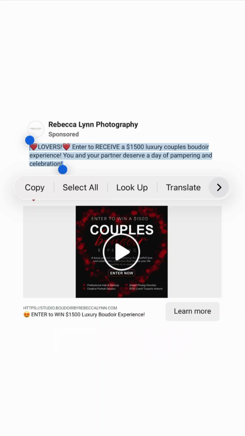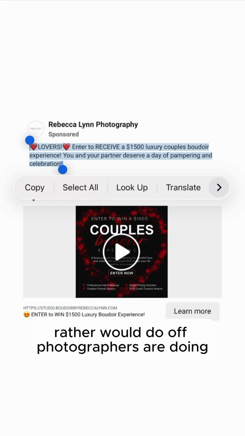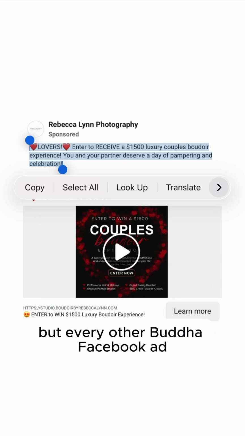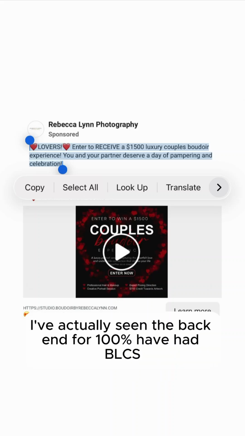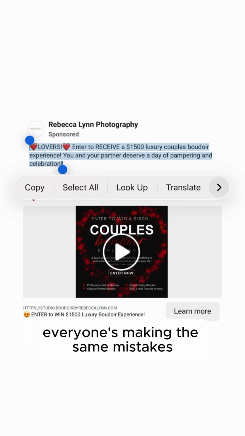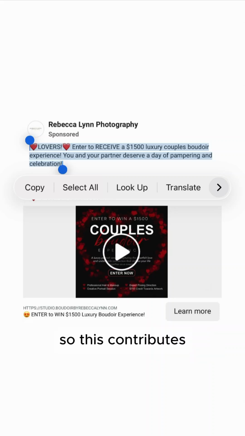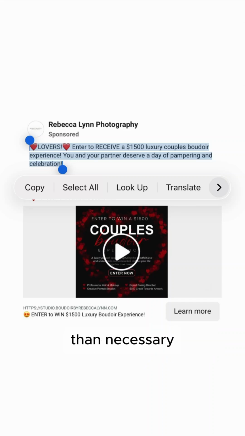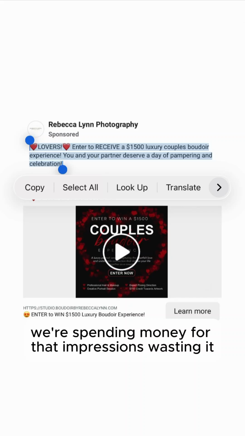And our see more headline here looks kind of like what other boudoir photographers are doing, so it's probably good enough. But every other boudoir Facebook ad I've actually seen the back end for, 100% have had BLCS, boudoir low click syndrome, because everyone's making the same mistakes. So this contributes more women scrolling by our boudoir Facebook ad than necessary. We're spending money for those impressions, wasting it.